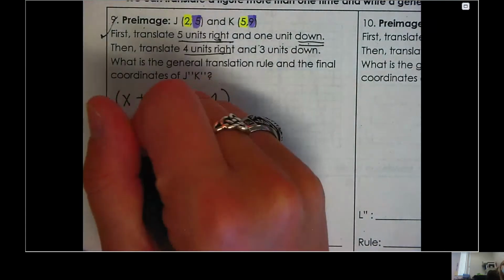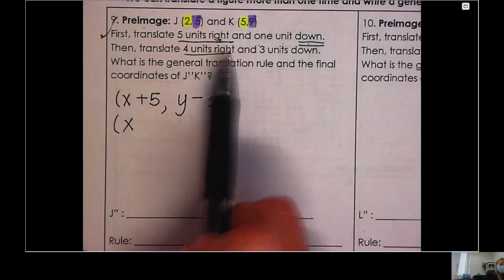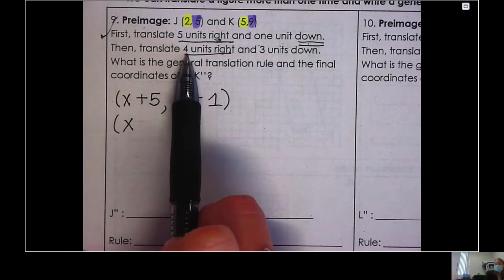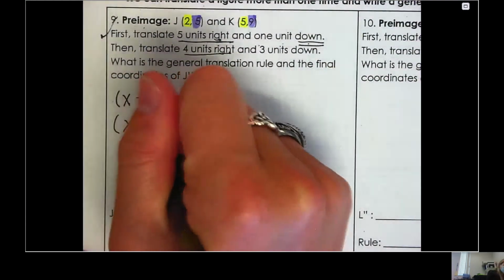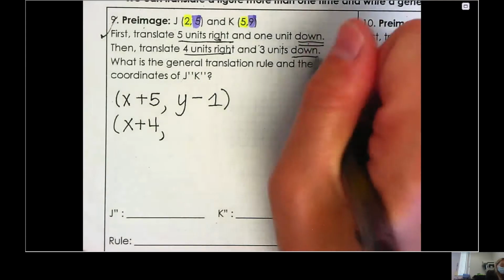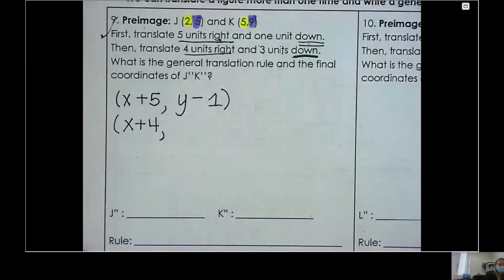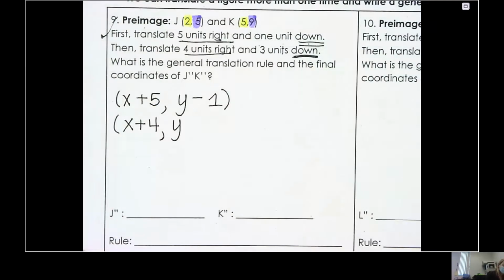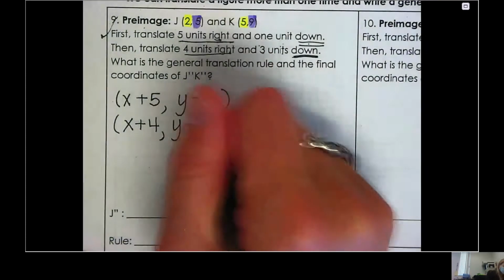That's an X. And if I'm going to the right, is that positive or negative? Positive, so it's X plus 4. And then 3 units down. Down is your X or your Y? Y. And if I'm going down 3, that means negative 3.